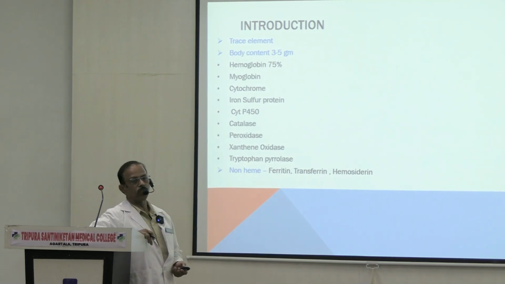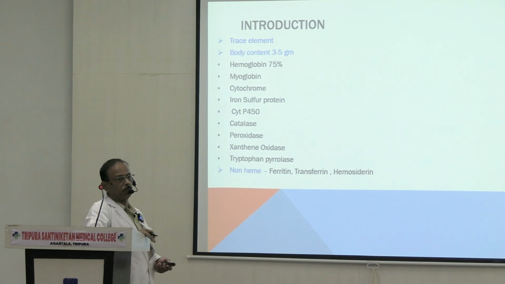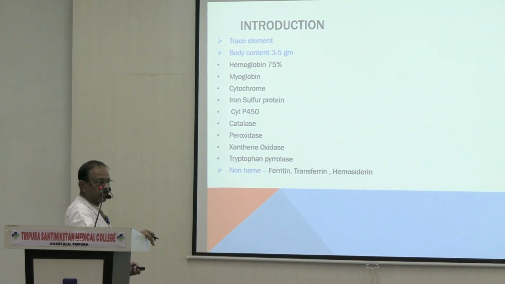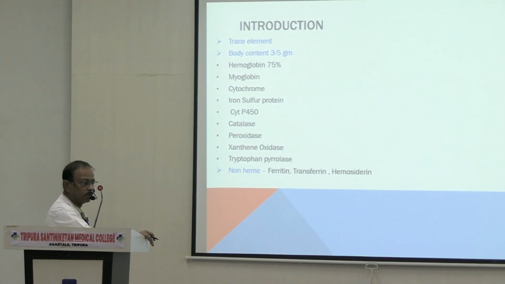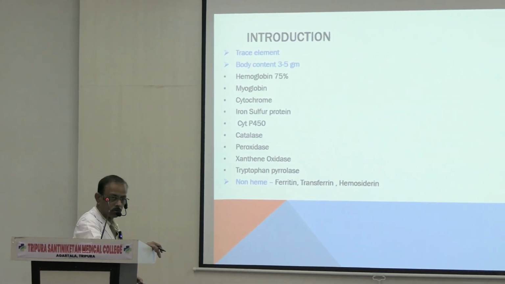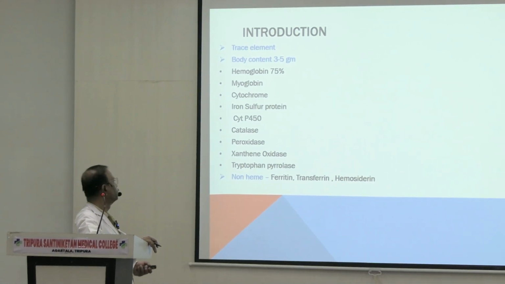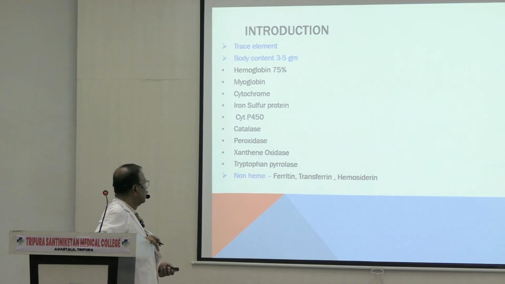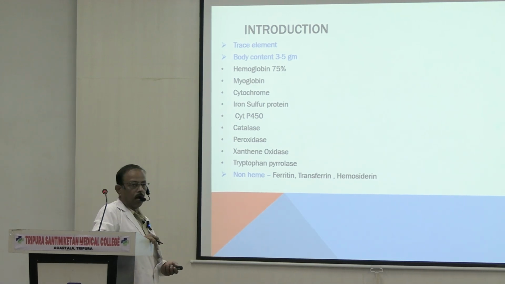Total body content of iron is about 3 to 5 gram, distributed mainly in hemoglobin about 75%. Others are myoglobin, cytochrome, iron sulfur protein, cytochrome P450, catalases, peroxidases, xanthine oxidase, tryptophan pyrrolase, and non-heme iron.